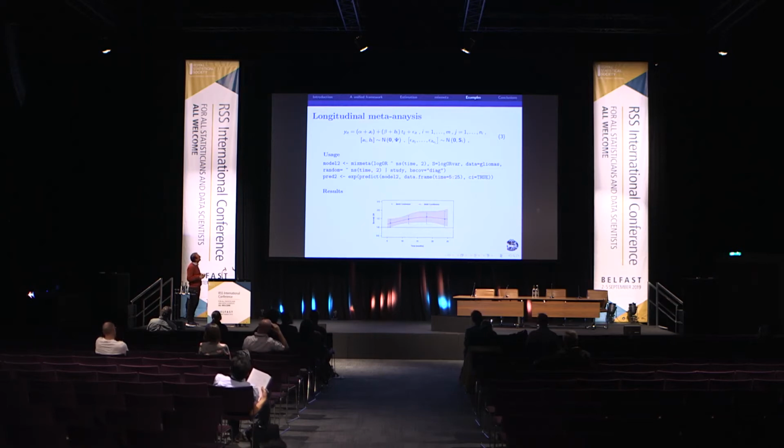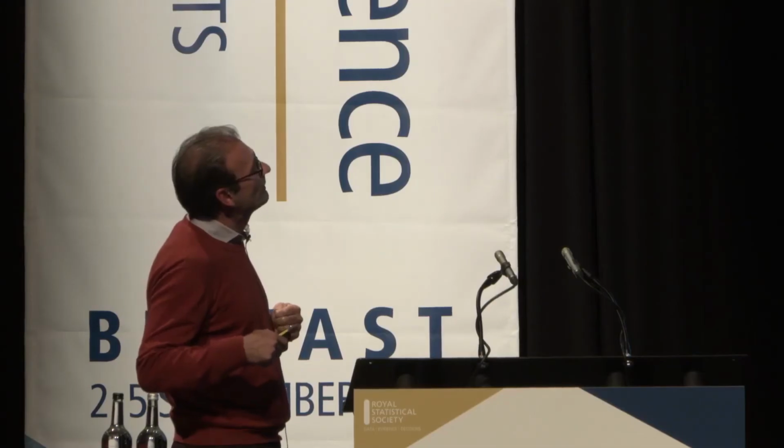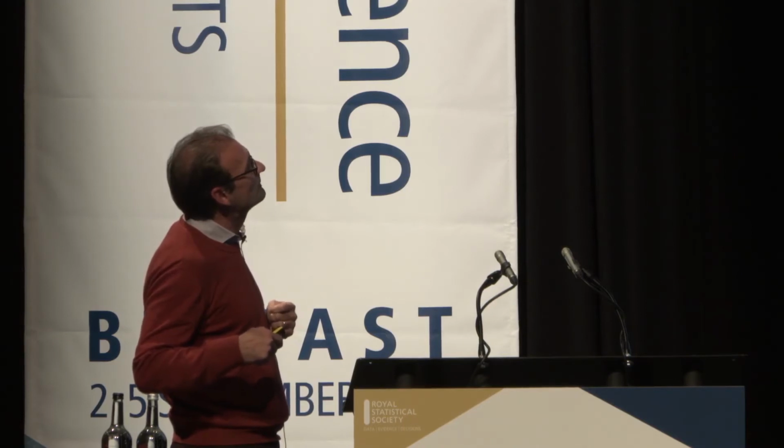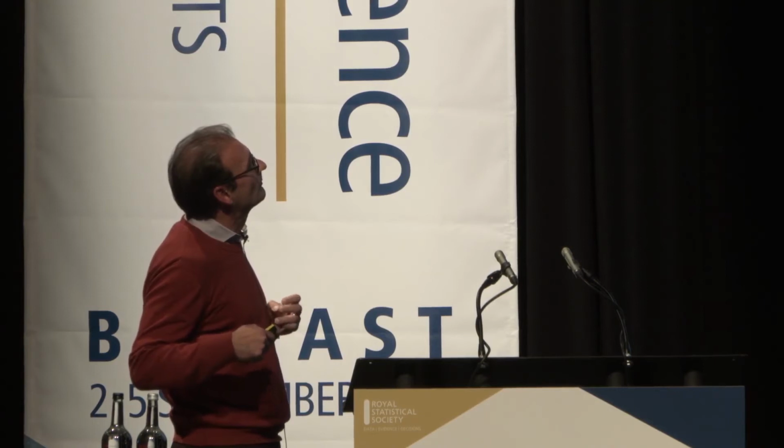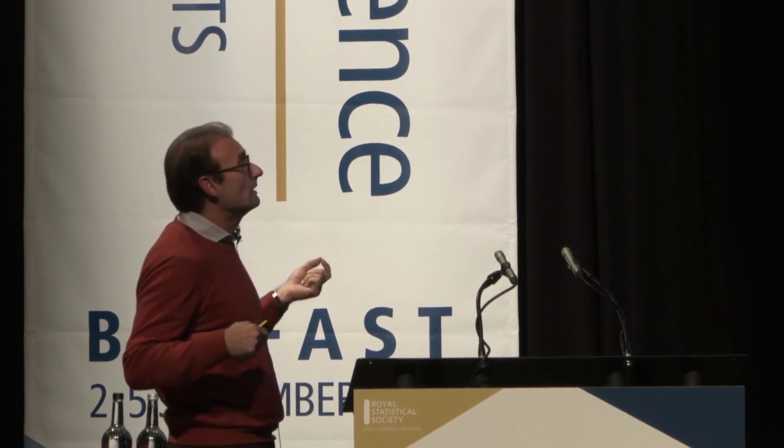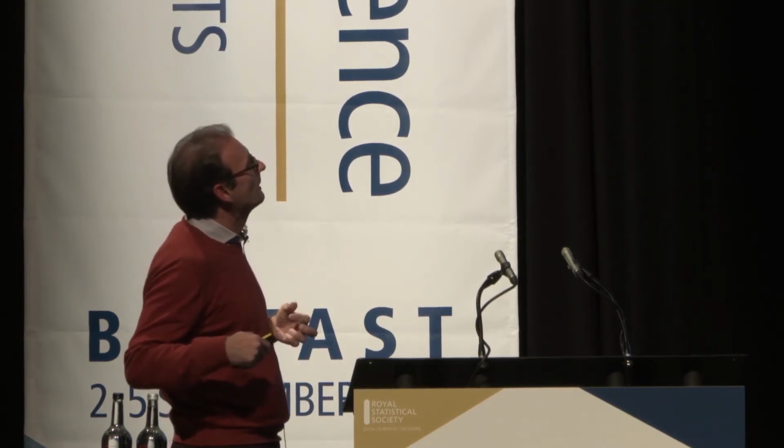And here you can model this problem with random intercept, random slope multi-level models. So here you have your pooled effects. Then you can model the pattern of the effect over time using a random term. And these 2 terms are linked by a covariance matrix psi.